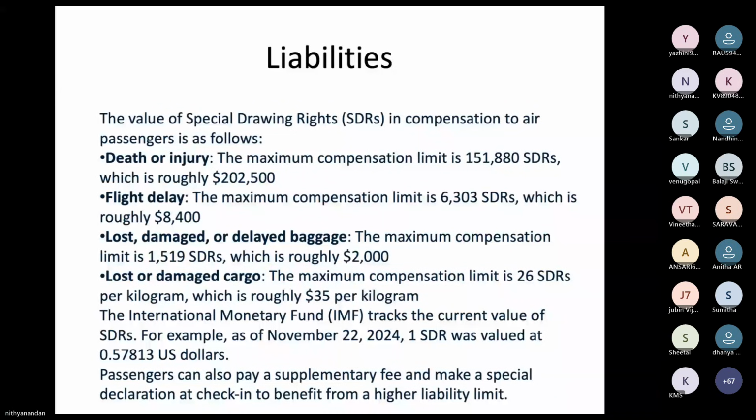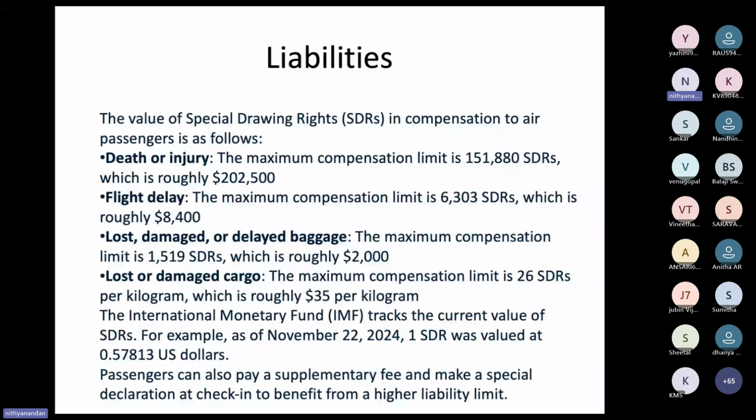So the minimum compensation for death or injury or delay of baggage or loss of cargo, everything is fixed by an international organization, and they fix the liability in terms of SDR. Sometimes they ask this question. SDR means special drawing rights. You can consider this as a currency.